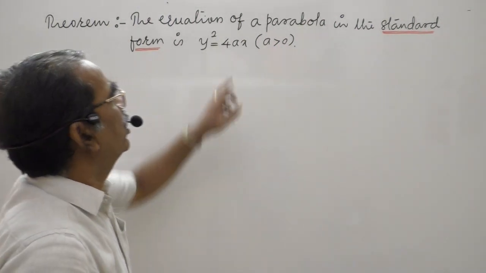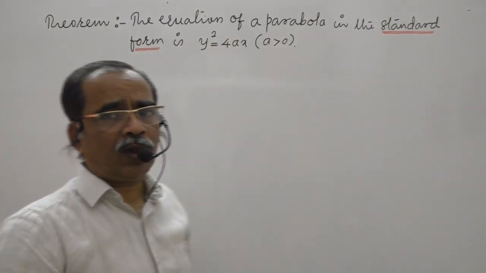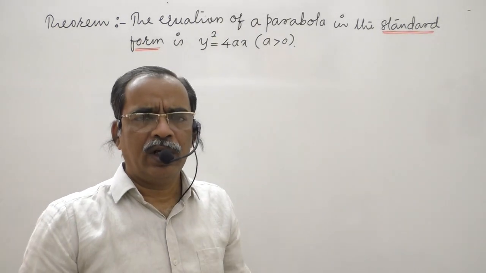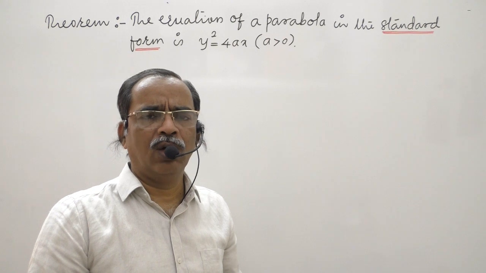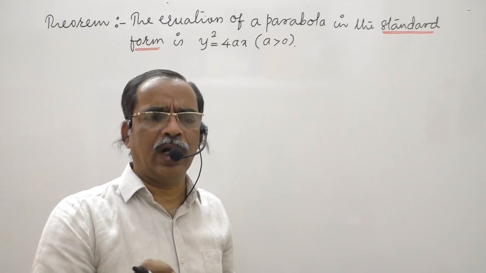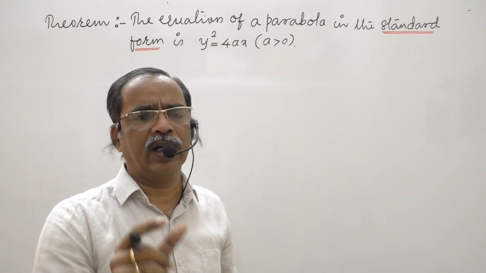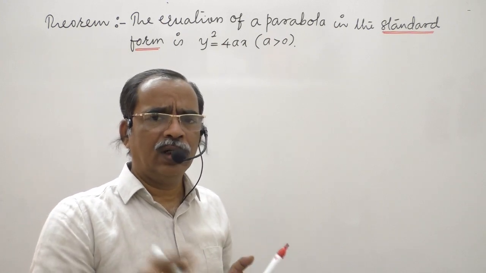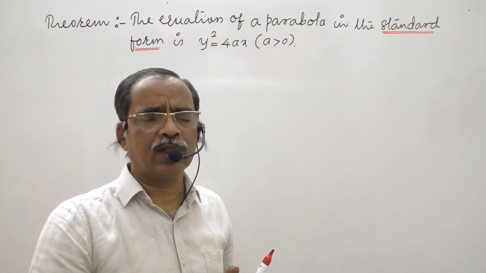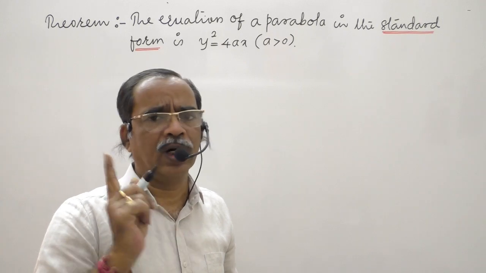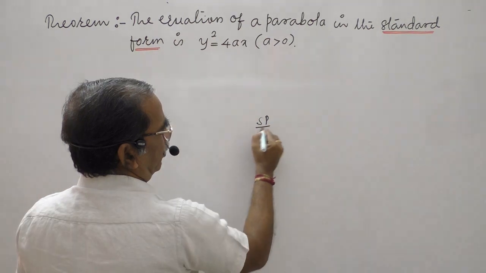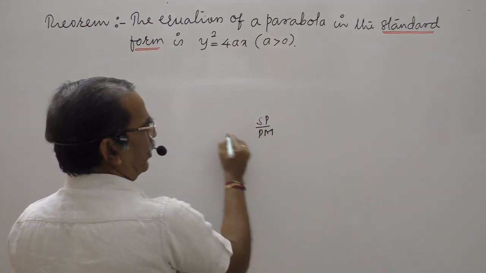Yes. What is a parabola? We know parabola is a conic. What is a conic? Conic is a locus of a point P satisfying the condition SP by PM equal to e. For parabola, that condition becomes SP by PM equal to 1. So to apply the condition SP by PM equal to 1, what is parabola?